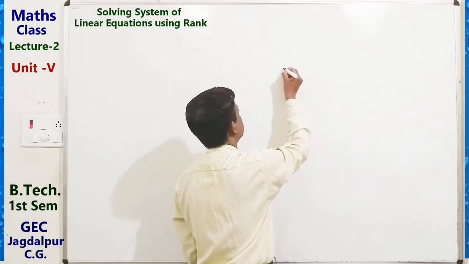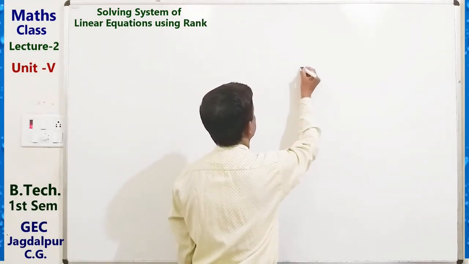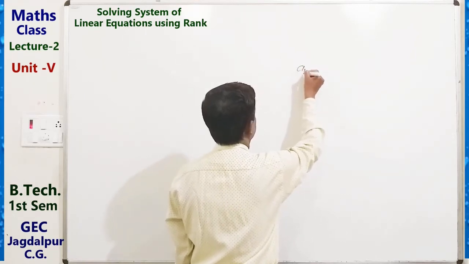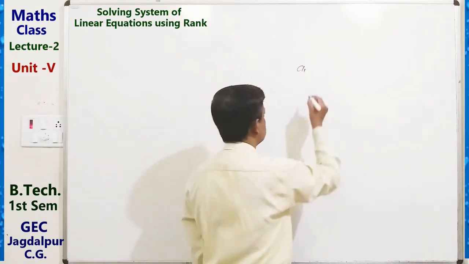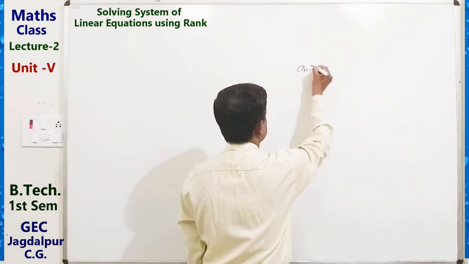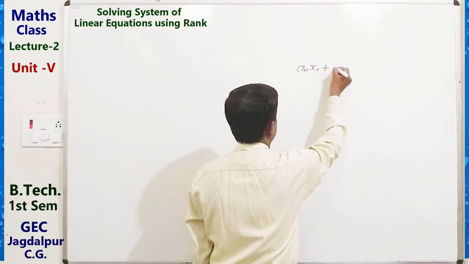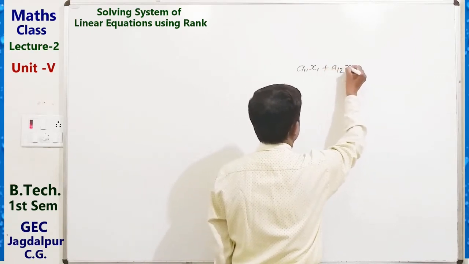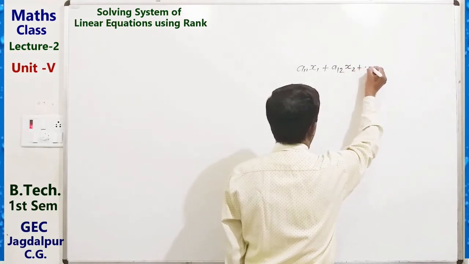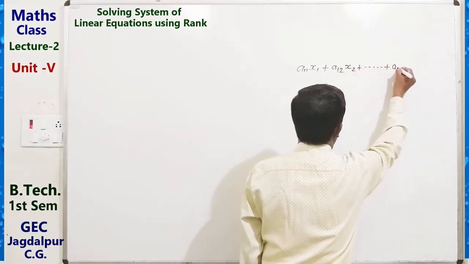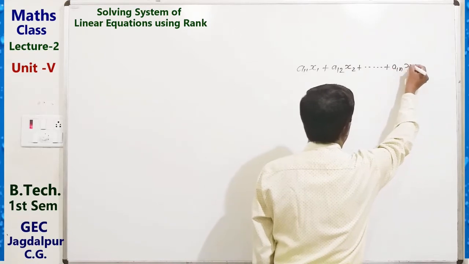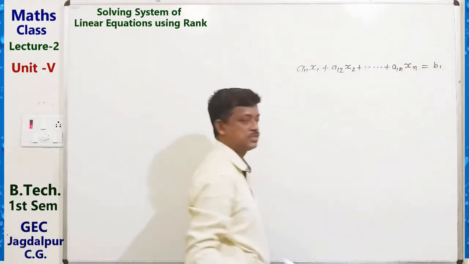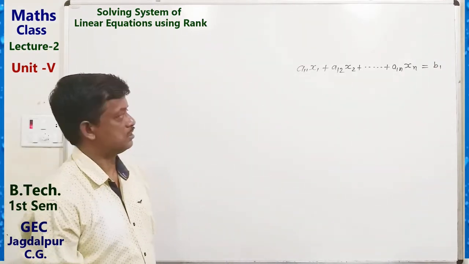So we can write the first row: a11 x1 + a12 x2 + ... + a1n xn = b1. Suppose this is the first linear equation.